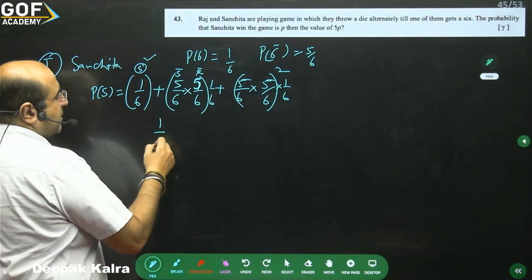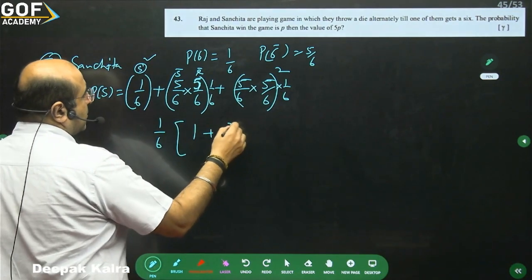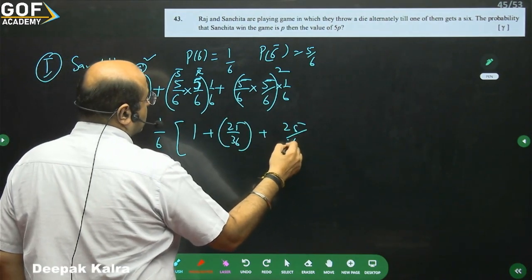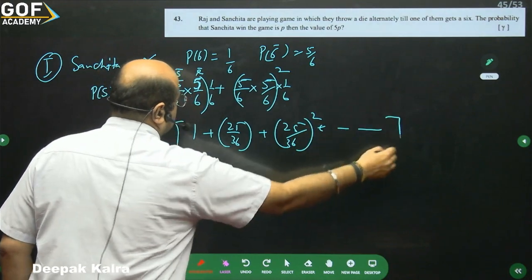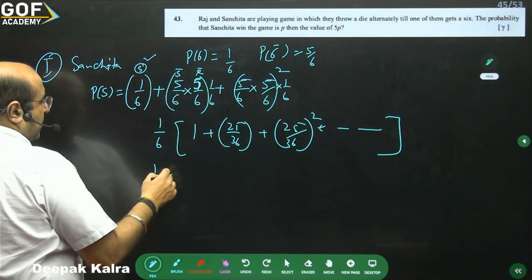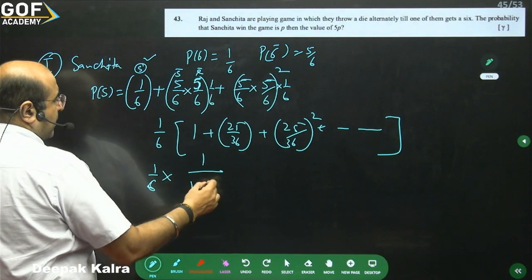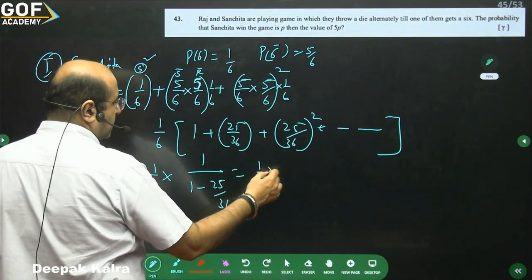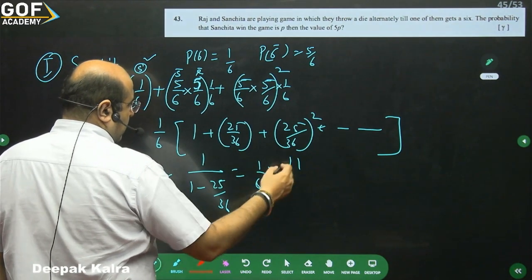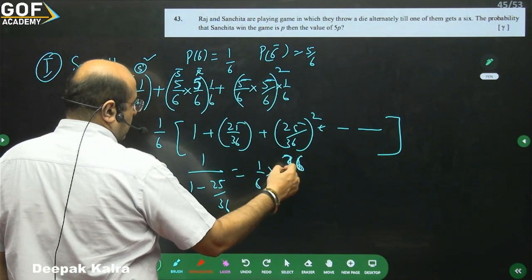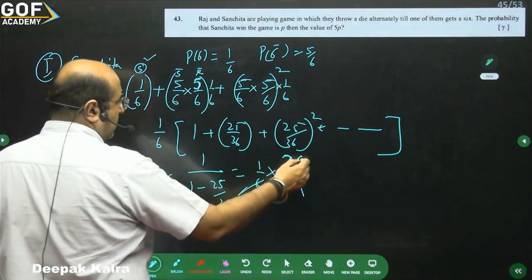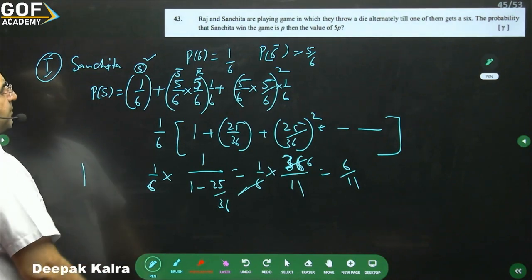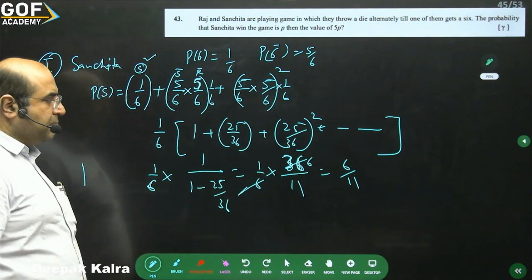So 1/6 you take common. 25/36 will become your common ratio. You get 1/6 multiplied by 1/(1 minus 25/36), which is 36/11. So 6/11 is the answer for Sanchita winning if she starts the game.